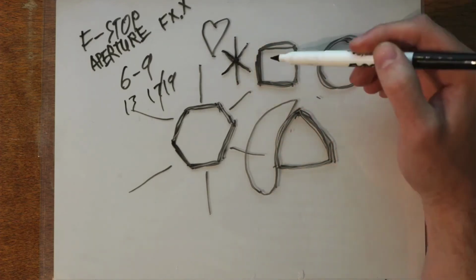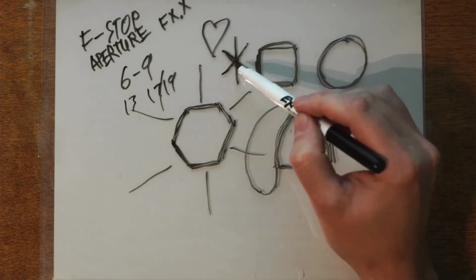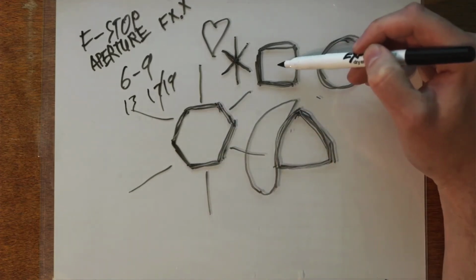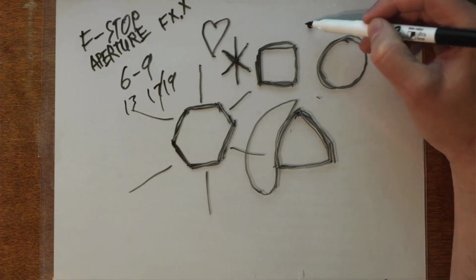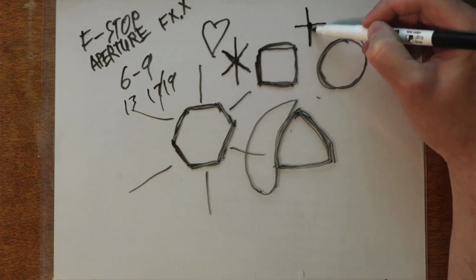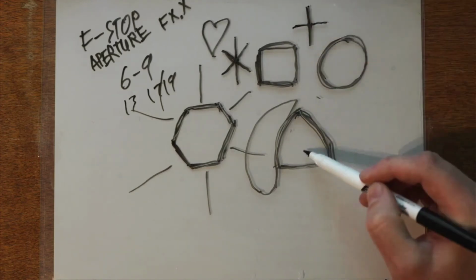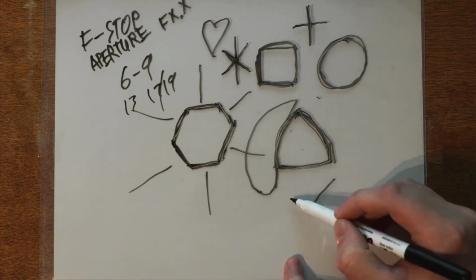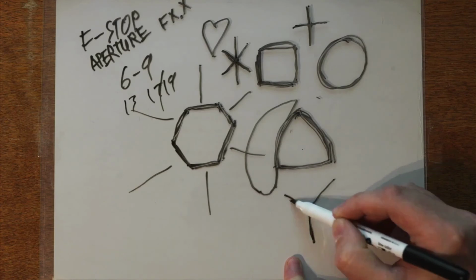Now this one would be for a hexagonal shape like that. If I did a sun star for this square, the sun star would look like that. If I did a sun star for this one, the sun star would look like that.